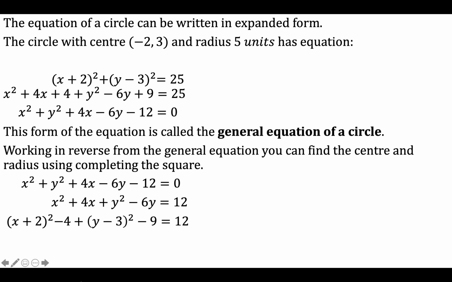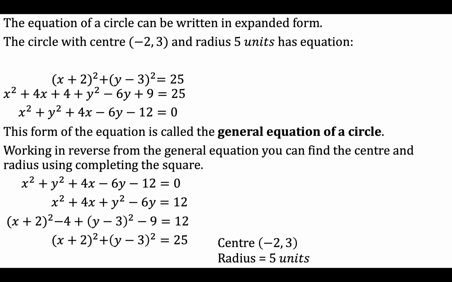So I have negative 13 on my left hand side as a constant, so I'm going to add 13 to both sides, and that will give me (x + 2)² + (y - 3)² = 25. And I can then read off my centre and my radius from that. That's (-2, 3), and the radius is 5 units, because that's now in a form that I recognise from before.